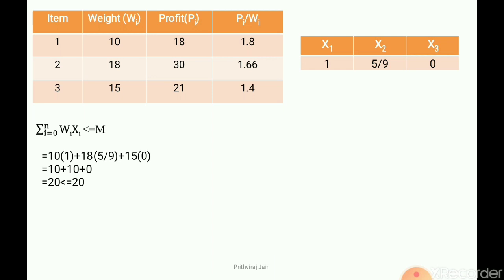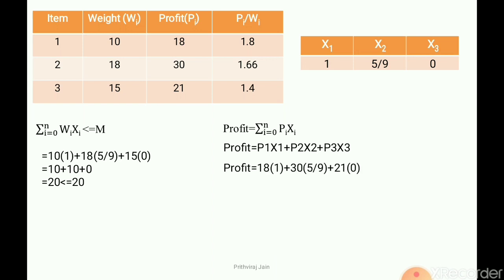Then the last thing, we have to calculate the overall profit after choosing the items. Profit is given as the summation of Pi xi, that is P1 into x1 plus P2 into x2 plus P3 into x3. So 18 into x1, which is 1, plus 30 into x2, which is 5 by 9, plus 21 into x3, that is 0.